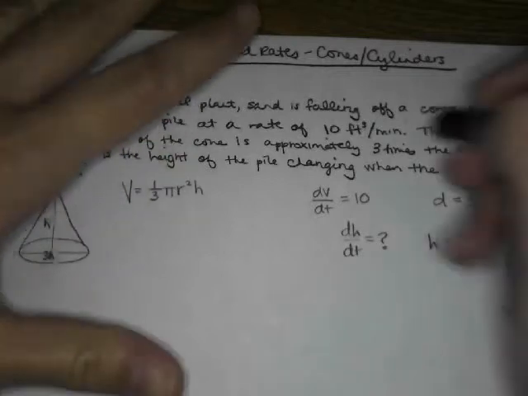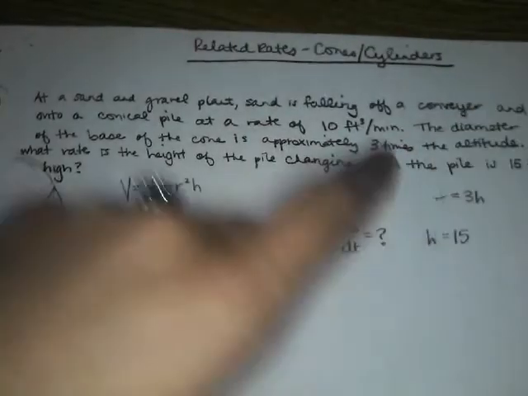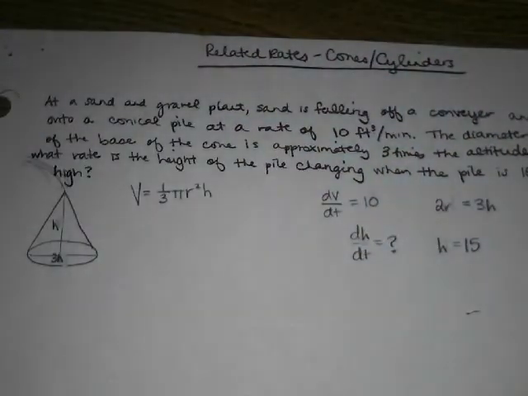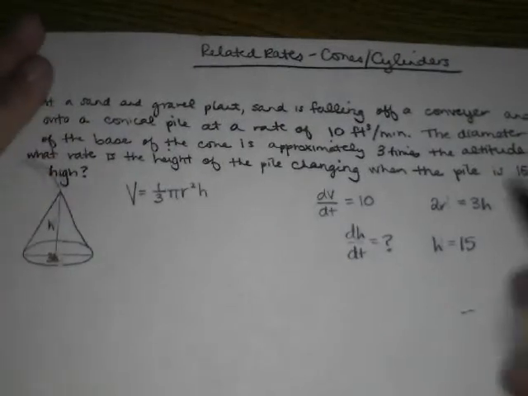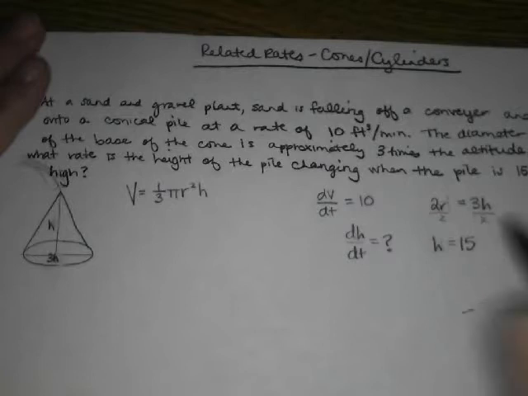Alright, before we get there, rather than going to the diameter, use 2R. And so then we can solve for R, dividing both sides by 2. And like Aaron said, R equals 3H over 2.